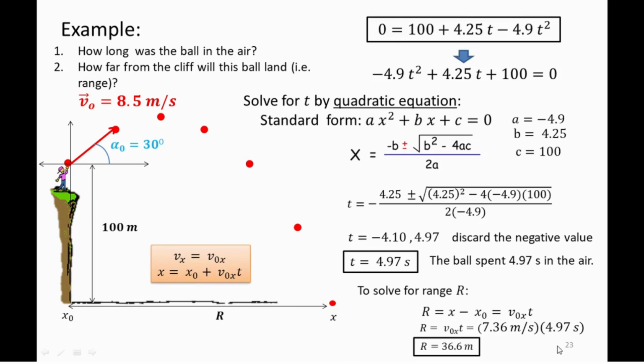So therefore, the range, which is equal to the final x position minus the initial x position, is just equal to the x component of the initial velocity, which is 7.36 meters per second, times the air time, which is 4.97 seconds. So that shall give us 36.6 meters. Hence, the projectile had traveled a distance of 36.6 meters along the x-axis upon hitting the ground.